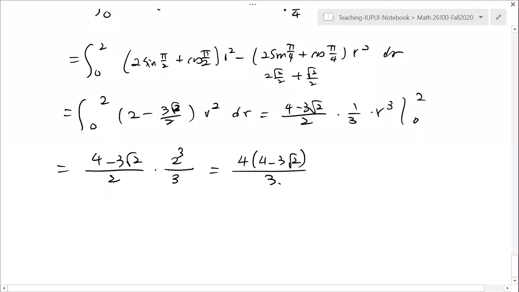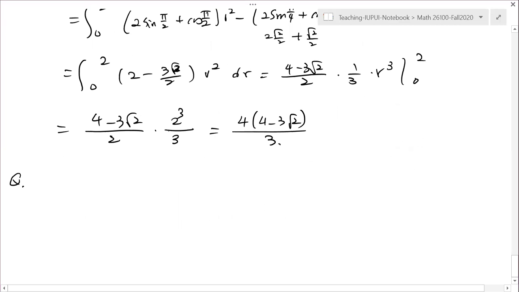Now, sometimes the domain itself is already described in polar coordinates. Let me give you an example.